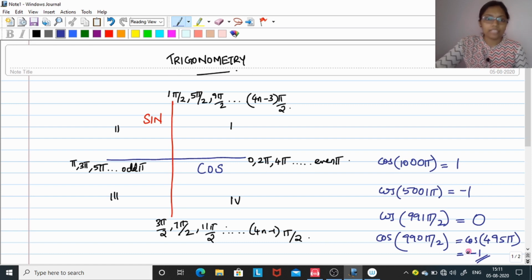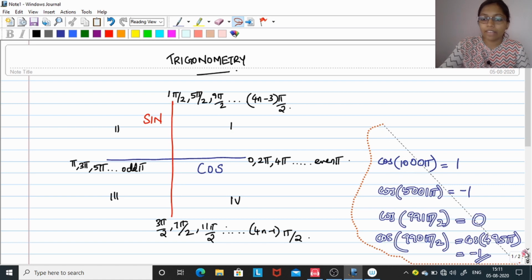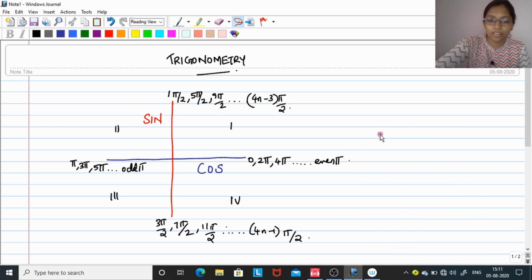Okay, so that's it. Now let us see what the sine values are for higher angles. Here also the same story is coming. Whichever angles come under the red line, sine has a positive 1 value or a negative 1 value.